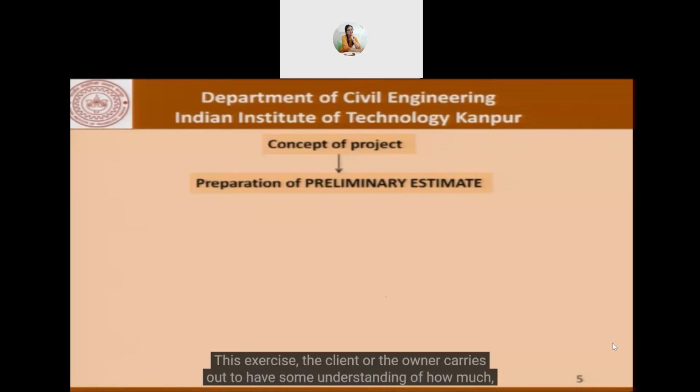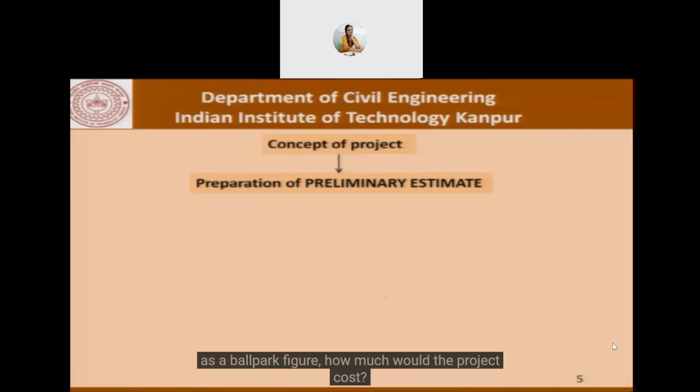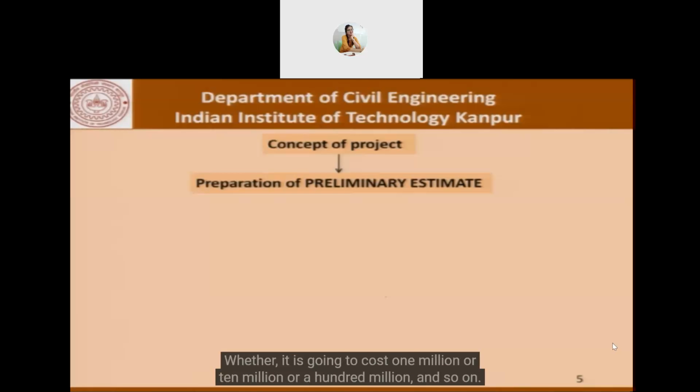This exercise the client or the owner carries out is to have some understanding, as a ballpark figure, of how much the project would cost, whether it's going to cost 1 million or 10 million or 100 million and so on. We must remember that we are not dealing with individual finances.